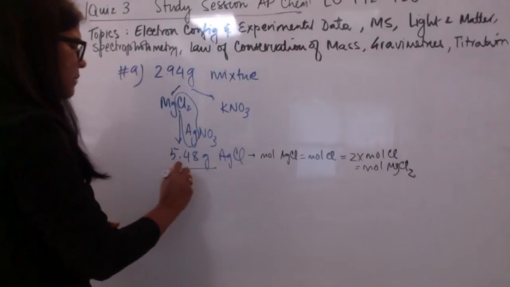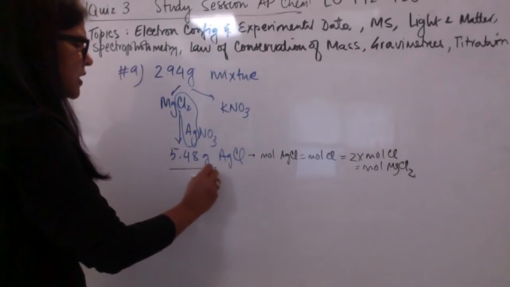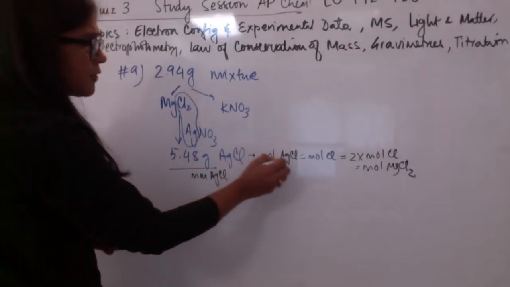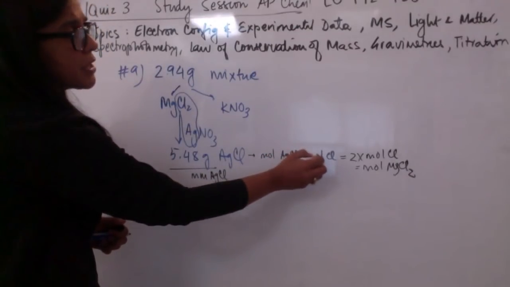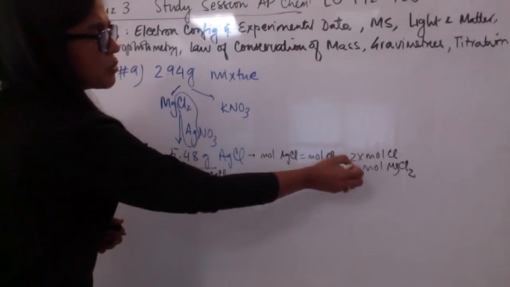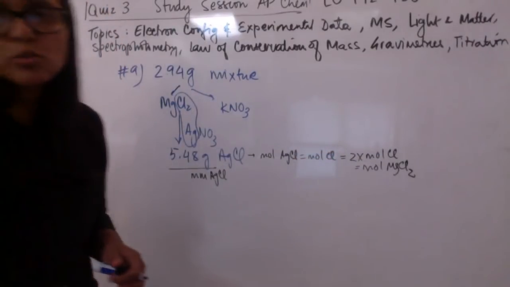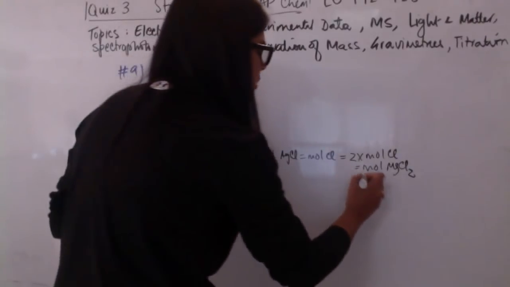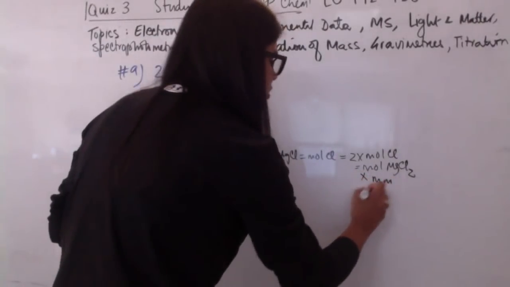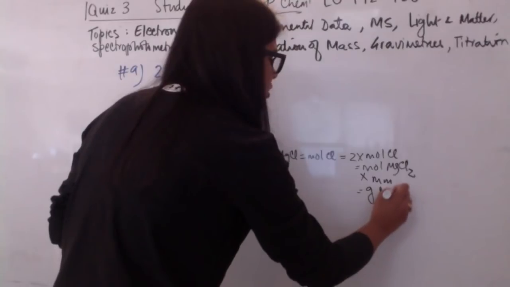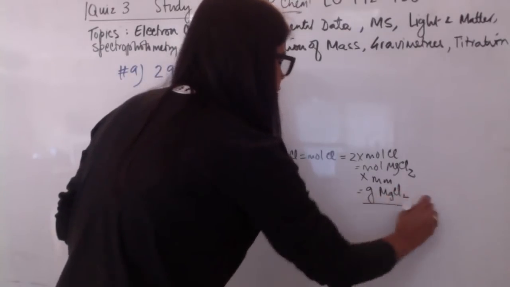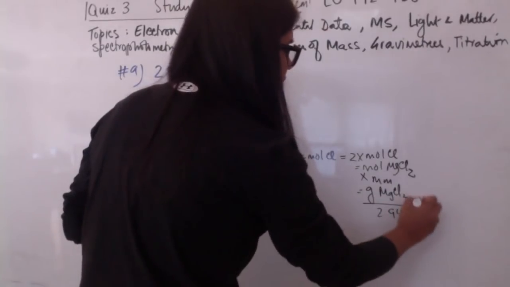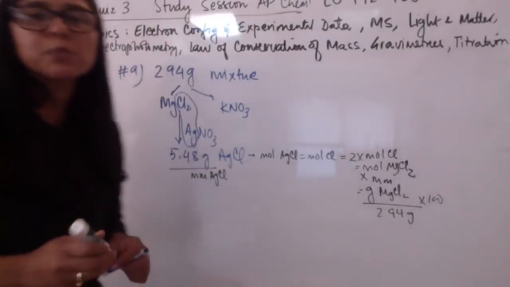So you divide by the molar mass of AgCl to get moles of AgCl, which is the same as moles of Cl, and you get MgCl2 from that. Once you get the moles of MgCl2, you multiply by the molar mass to get grams of MgCl2, then divide by 2.94, the total mass, times 100, and you'll get your mass percent.